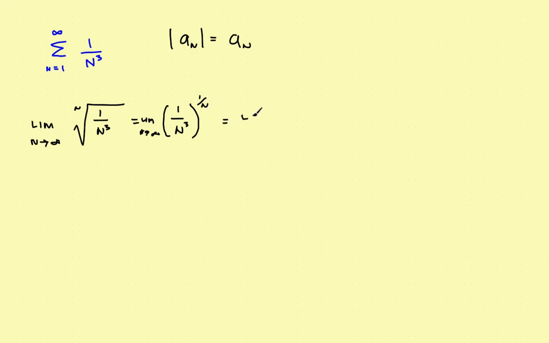Then I'll make that be the limit as n approaches infinity. Again, raise the numerator to the 1 over n power and the denominator to the 1 over n power. So this would be 1 to the 1 over n power divided by the denominator raised to the 1 over n power.